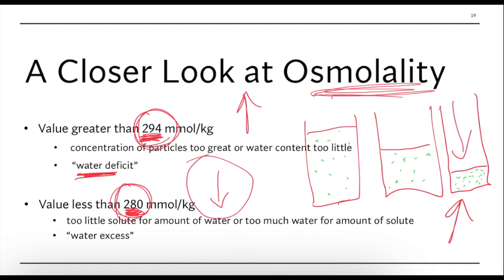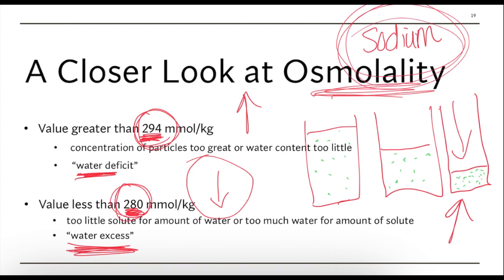Possibly, but what it's telling us about water or fluid balance is that we've gained fluid. And so this can get really, really confusing. We'll talk more about this when we talk about sodium and the sodium balance in the body. So if you're not quite getting it right here, don't worry about it. We'll talk about it again.